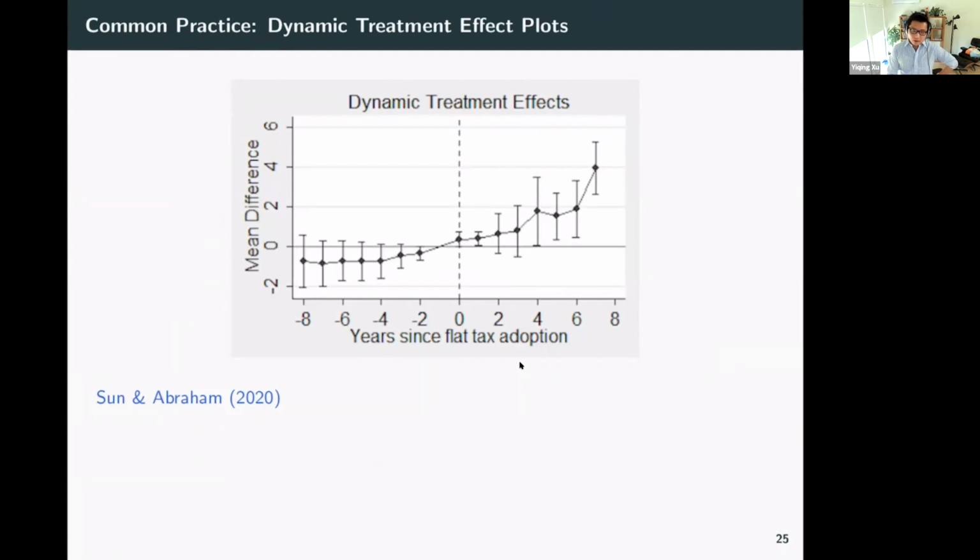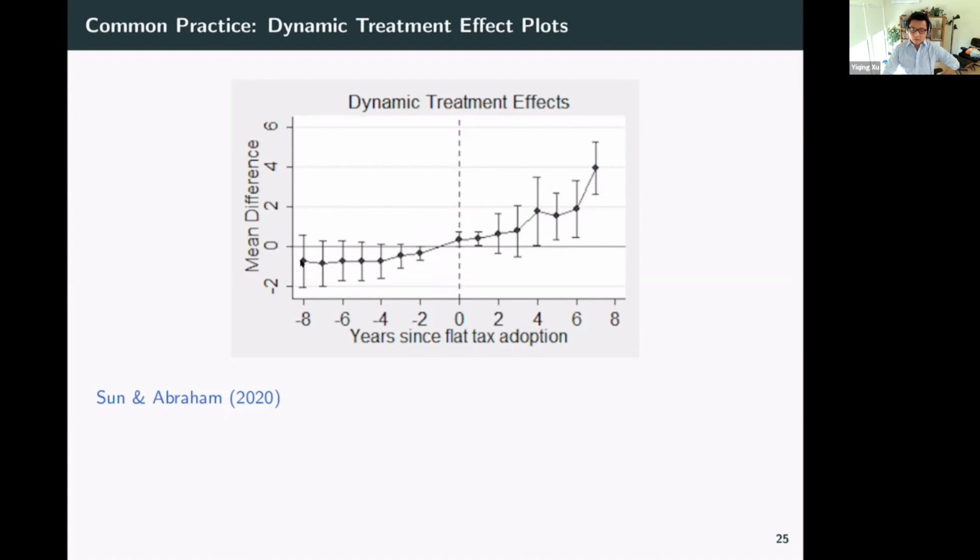Normally, we would draw a so-called dynamic treatment effects plot. It's also imported from economists, and there's a bunch of problems with this type of plot. The previous 4 plots are not drawn using this method, but what most people do is to use the 0 period, the first period after getting treated, and use 1 period right before getting treated as the baseline category, and dummy out the rest of the periods.